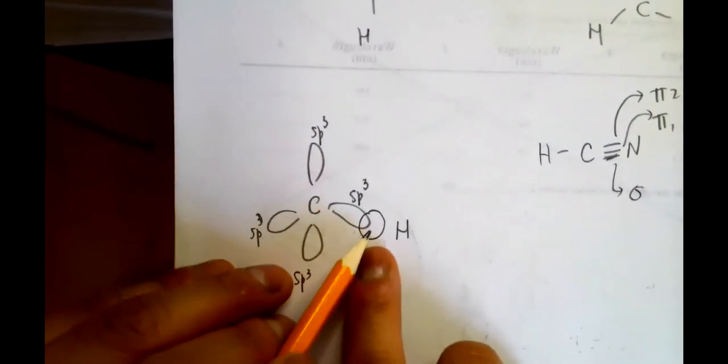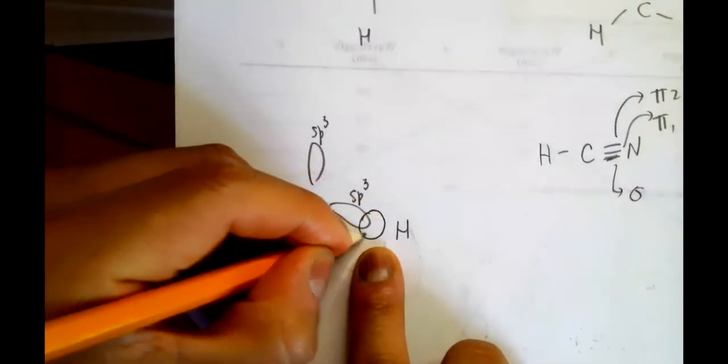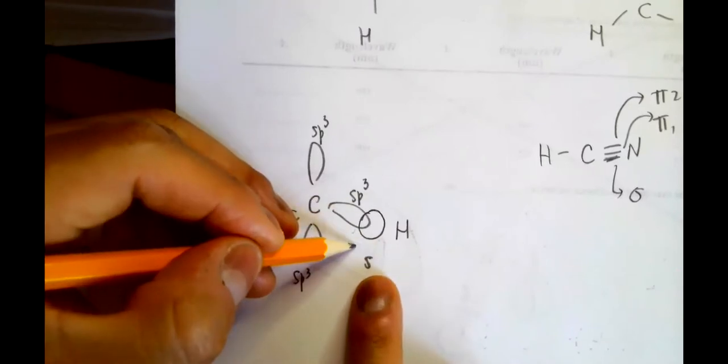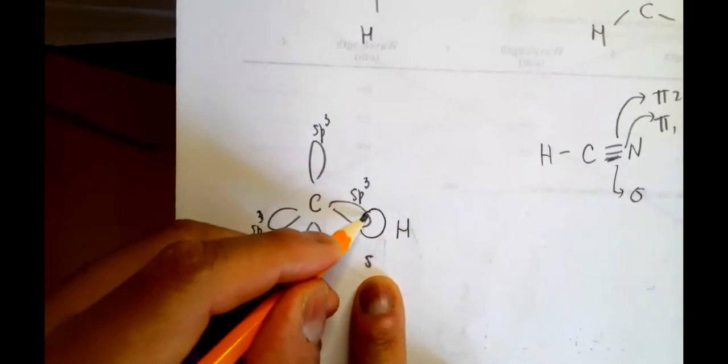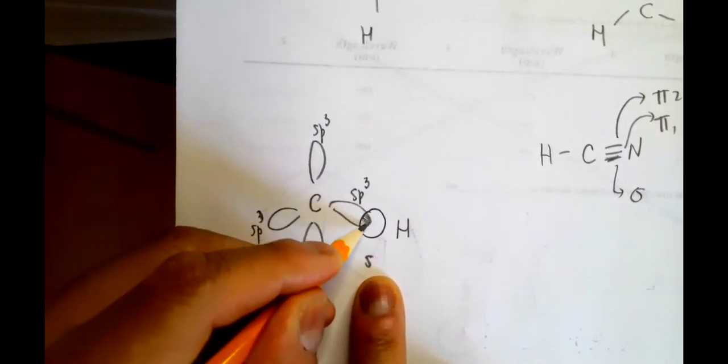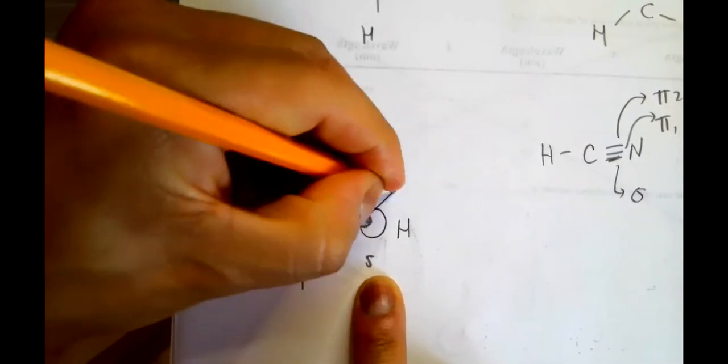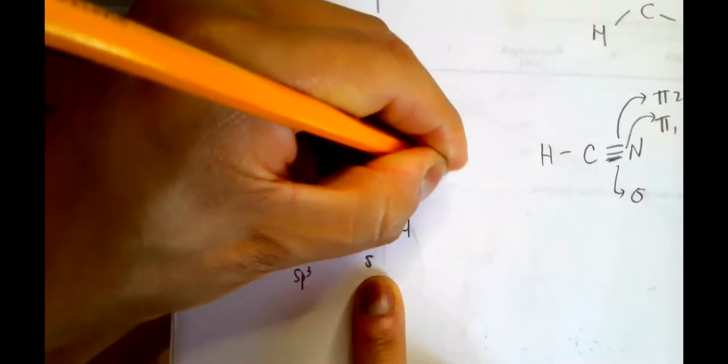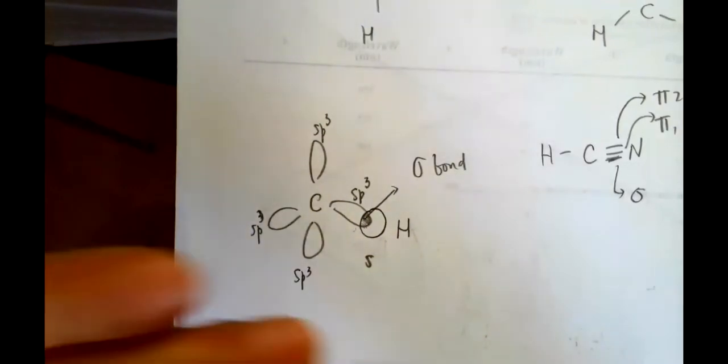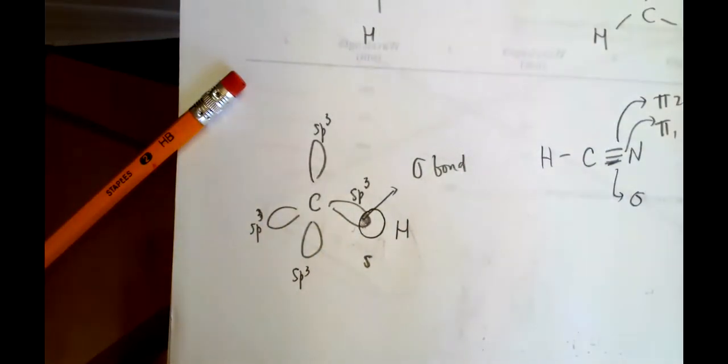So the carbon with the 4 sp3s, each of them is going to form a chemical bond with hydrogen, which is an s orbital. This physical overlap, this intersection right here, is what we call the sigma bond. There is a physical overlap between the 2 orbitals. They touch each other, they're holding hands. That's what we call a sigma bond.